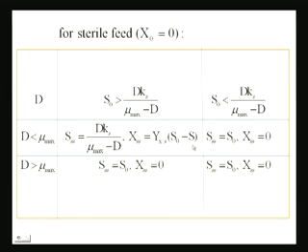Feasible range means both positive results for XSS and SSS, that is the cells and the substrate going out of the reactor are both positive numbers. One constraint is that the dilution rate has to be less than mu max, the second one is that the initial concentration of the substrate is greater than this number.